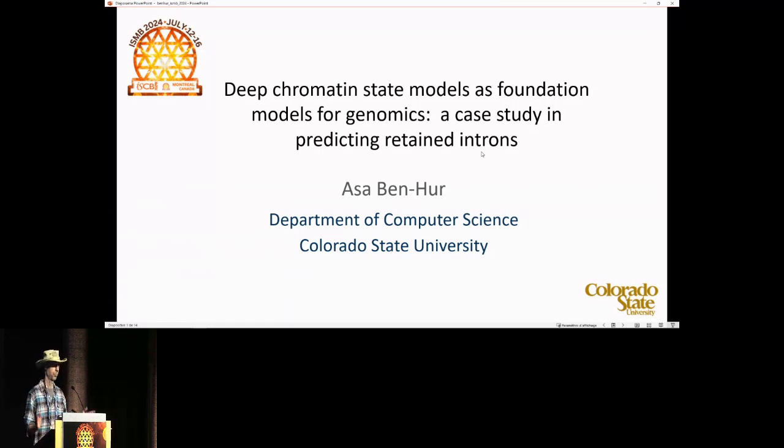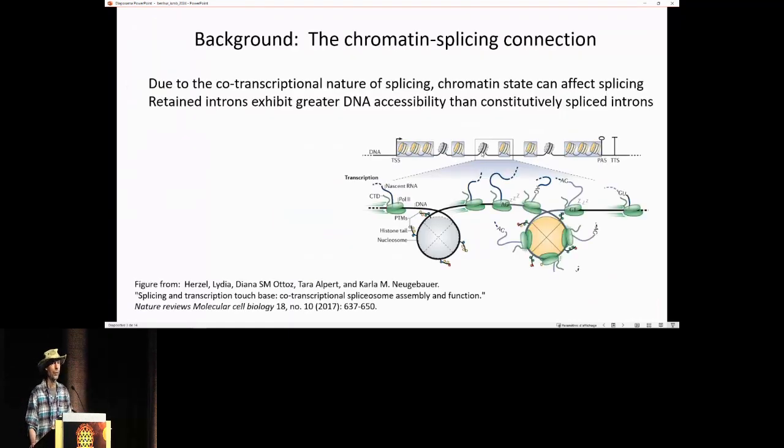So intron retention, splicing, what does that have to do with chromatin? Well, we by now know that splicing is co-transcriptional, so chromatin state can and does affect splicing outcome.